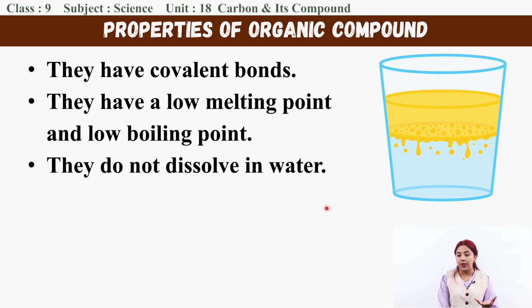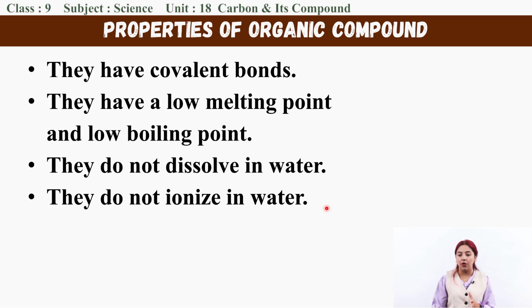Another property of organic compounds is that they do not ionize. A compound that ionizes in water means it dissolves in water and dissociates into ions. Since organic compounds do not dissolve in water, they cannot ionize in water as well.